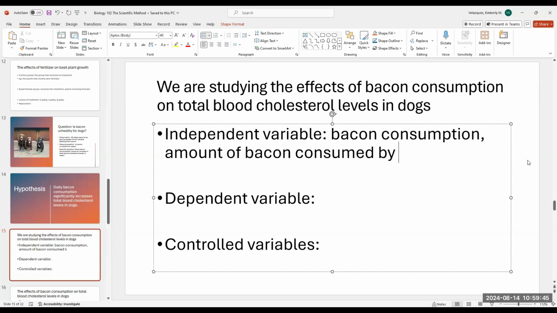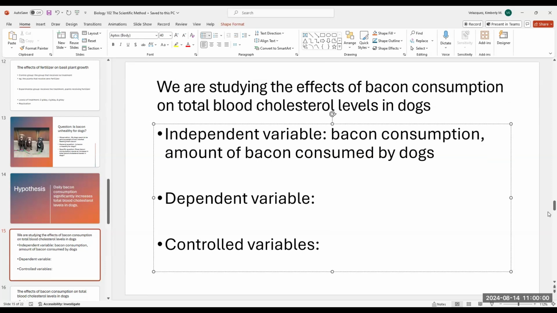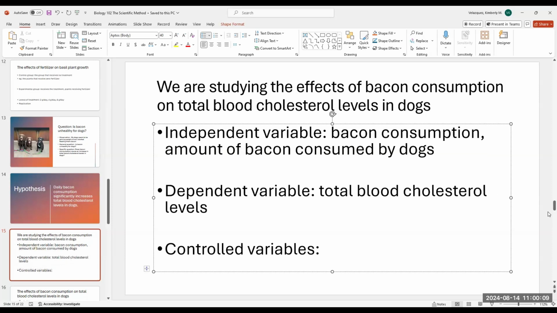And of course, by dogs. And the dependent variable, we're saying total blood cholesterol levels are dependent upon how much bacon was consumed. So the dependent variable in this study would be total blood cholesterol levels.